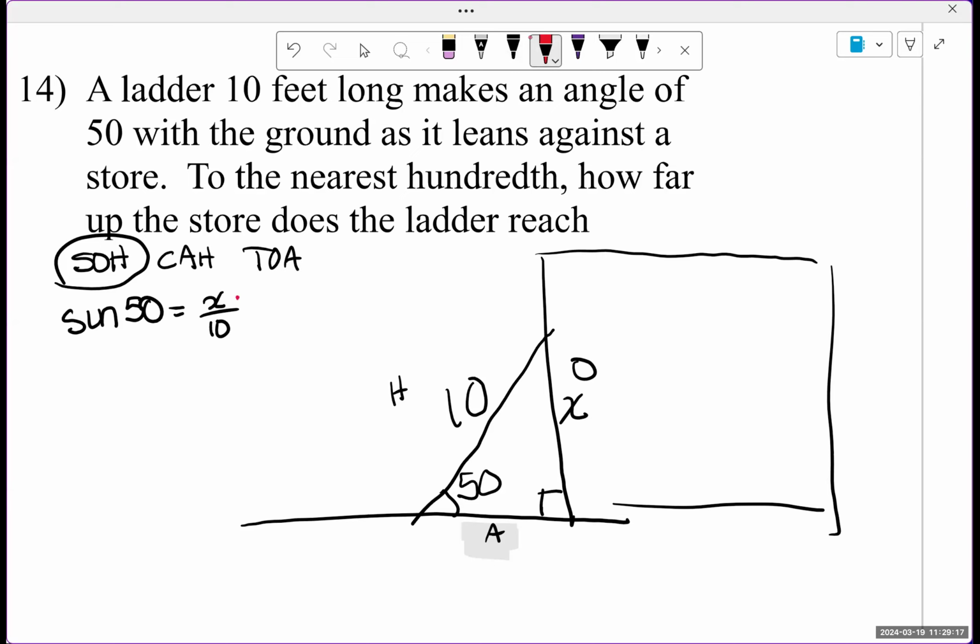Isolate your variable. I love it when the X is on the top.